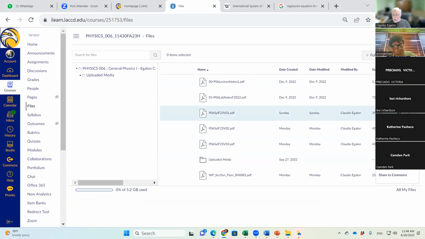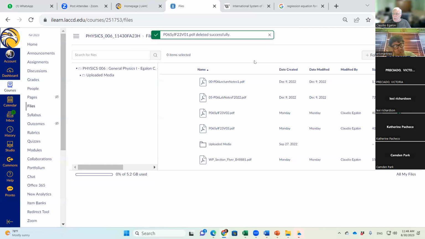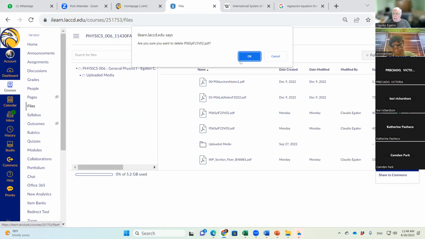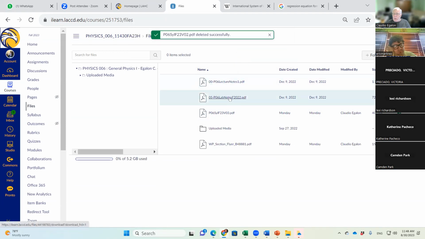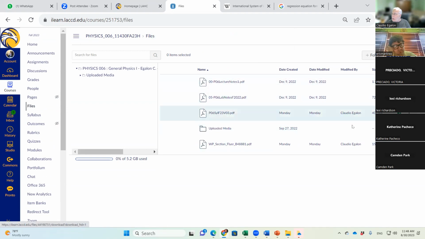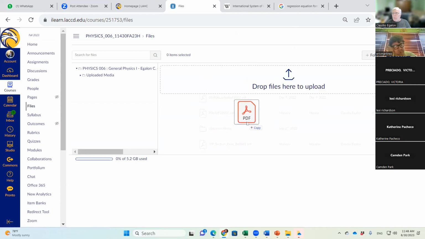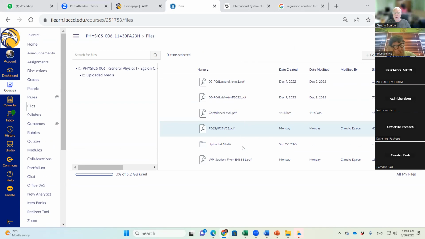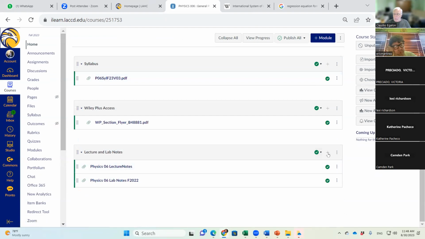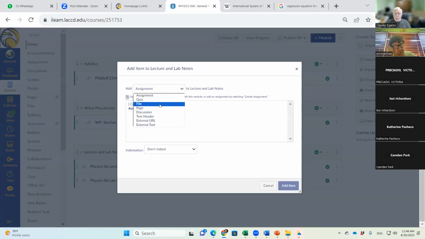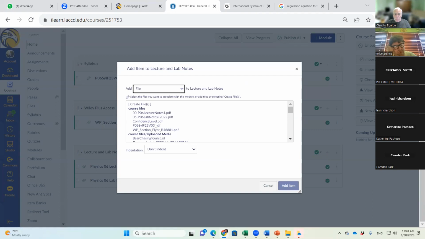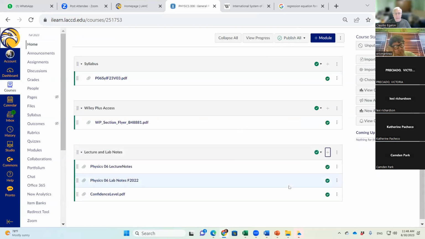I'm going to leave the lecture notes here for now, and I am going to post the confidence level right here. Add item. Now you have your confidence level table there.